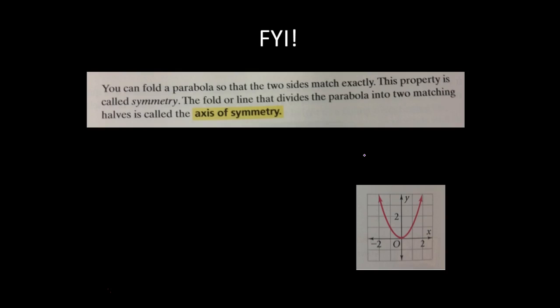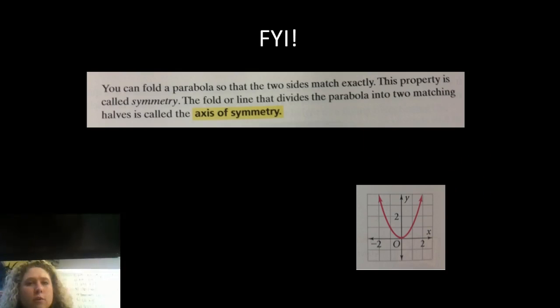So some FYIs for you. You can fold a parabola so that the two sides match exactly, and this will be important when we come to graphing it. This property is called symmetry. You can fold along the axis of symmetry, and the sides are going to match up. On here, our axis of symmetry, my straight line there, is going to be right here on our y-axis.